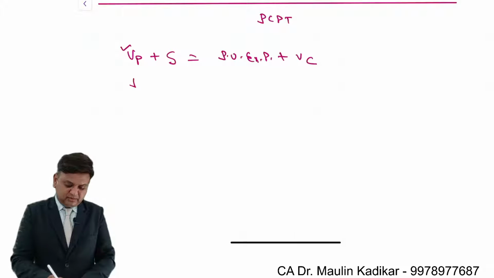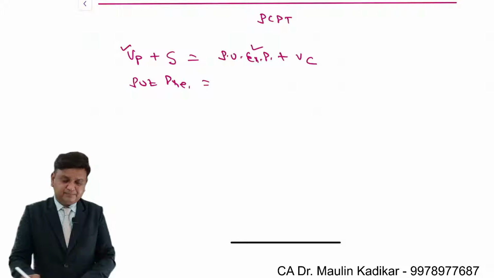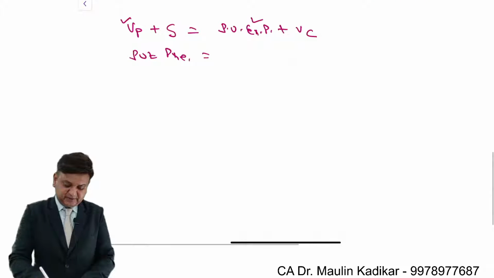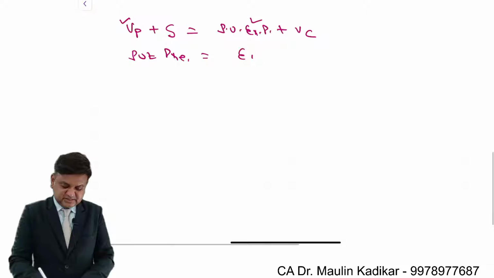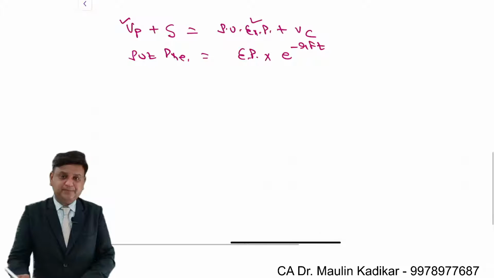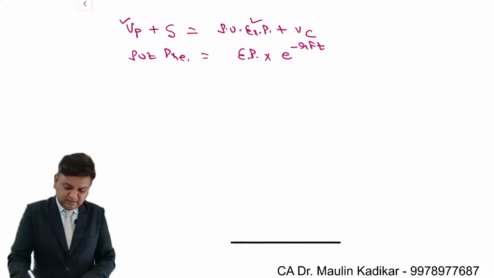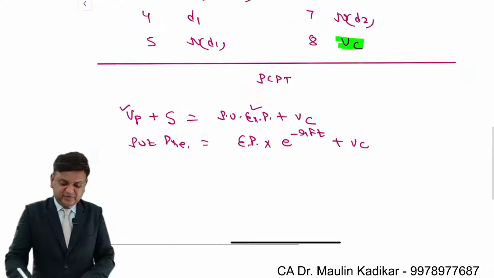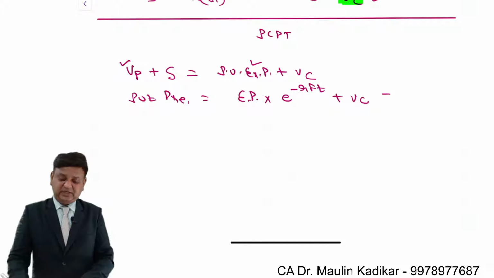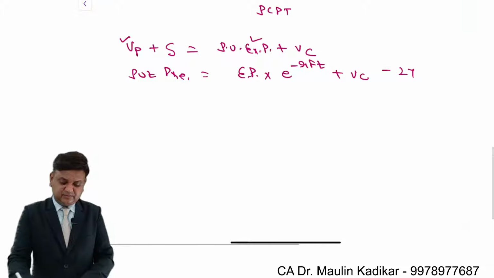So now put premium will be found as balancing figure, in which present value of exercise price, that is exercise price into e raised to negative rf into t, that is the way its discounted value is calculated, plus value of the call which we have found over here, minus spot price of the equity share which is 27.